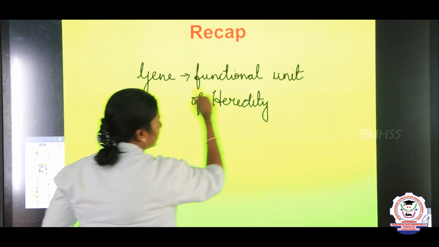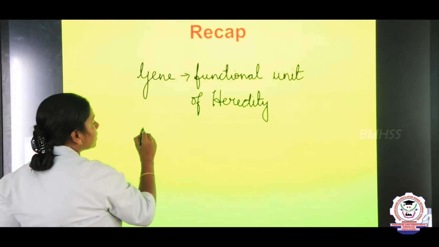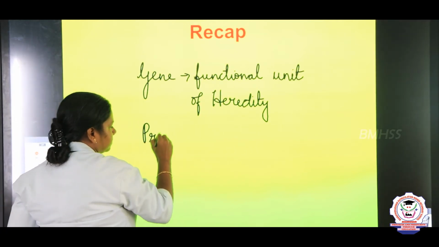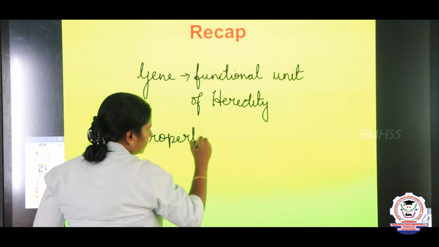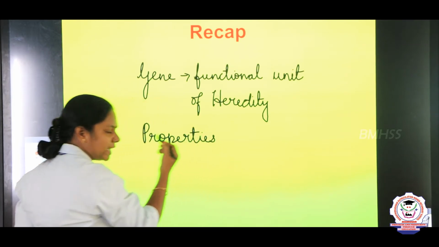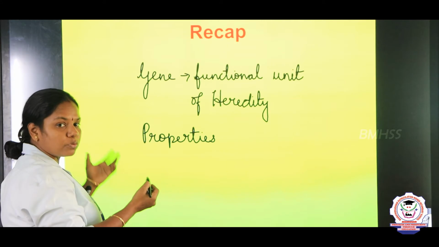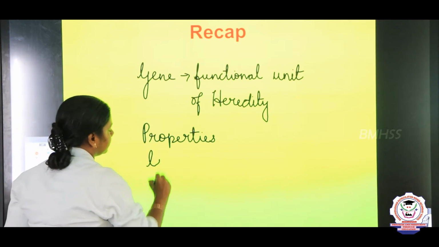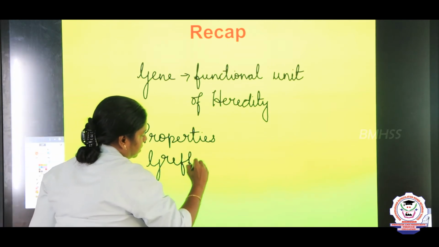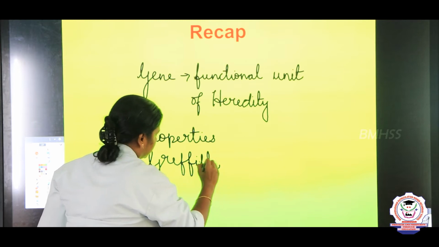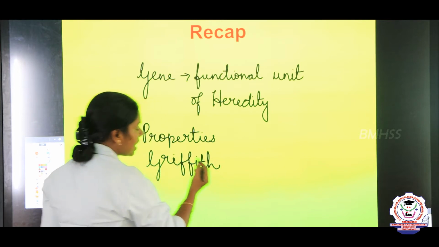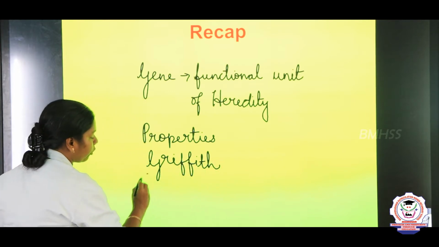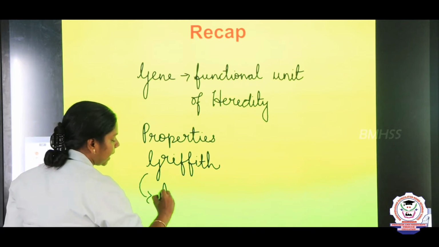Right, and then so far we discussed the properties of a gene, and later on we discussed two things. One is the Griffith experiment with the mouse, and the experimental proof of the Griffith experiment given by Avery.